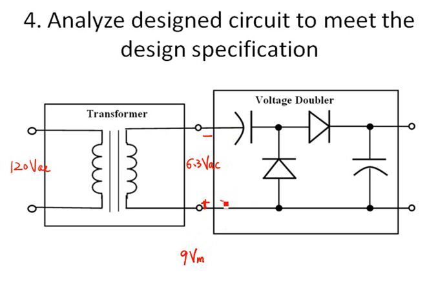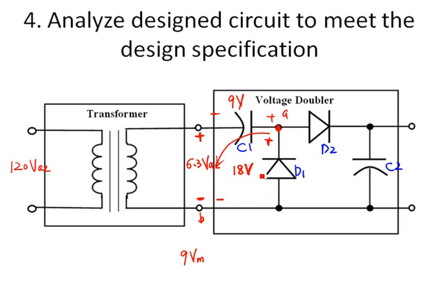At the negative half of the period, diode D1 is on, so it's going to charge capacitor C1 to its maximum value, 9 volts. In the positive half of the period, the voltage across the capacitor C1 and the voltage across the transformer output are in series, so totally 18 volts.